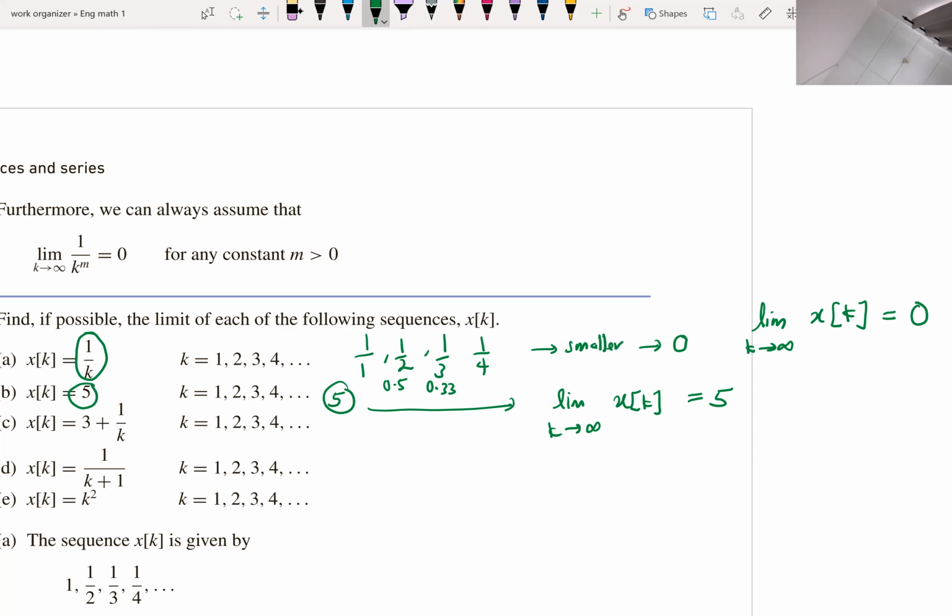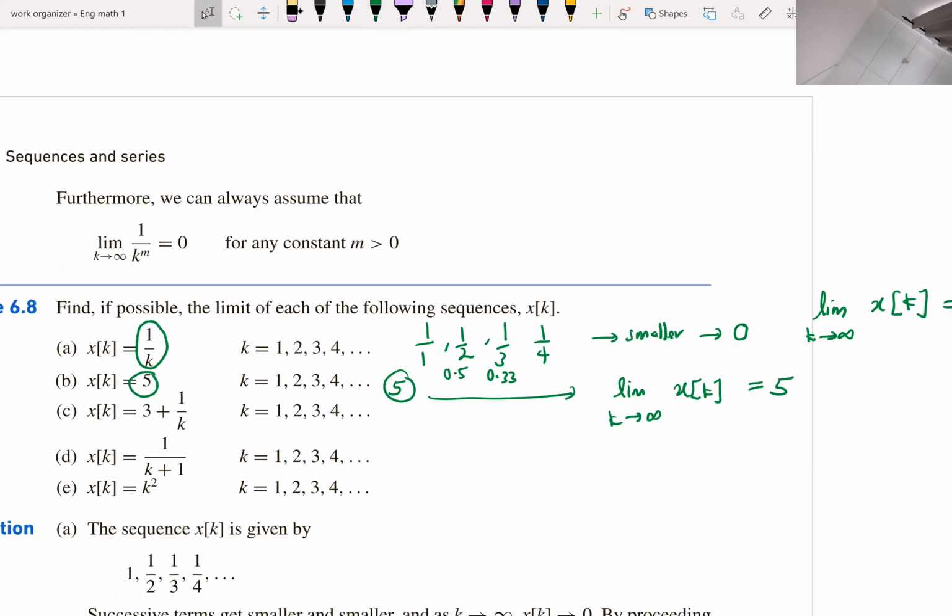Next one: 3 plus 1/1, then 3 plus 1 over 2, then 3 plus 1 over 3. As we can see, this process is repeated.